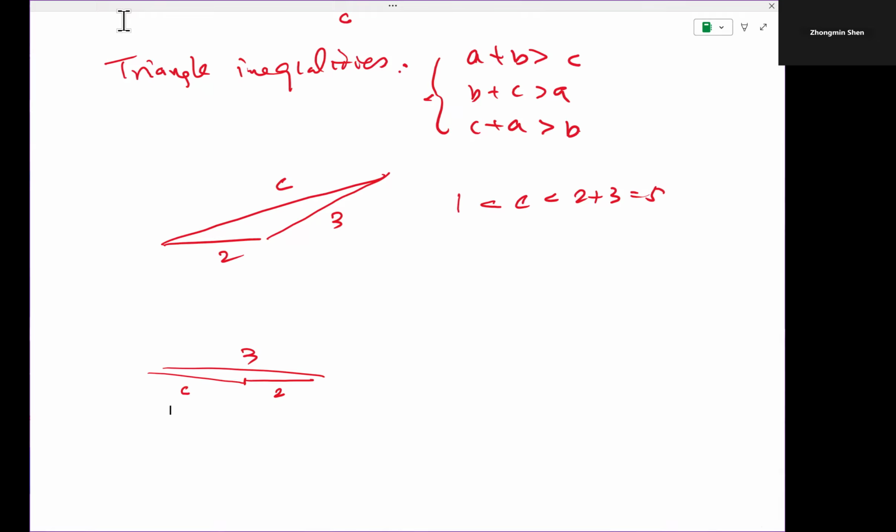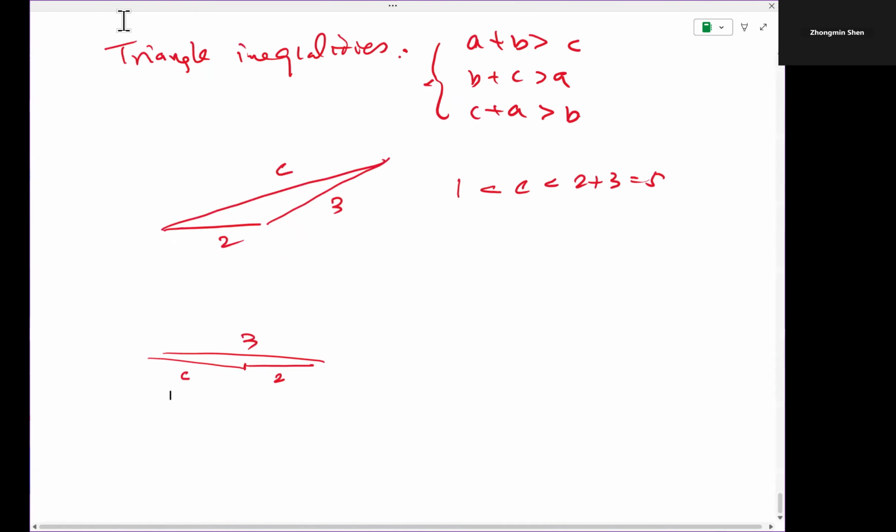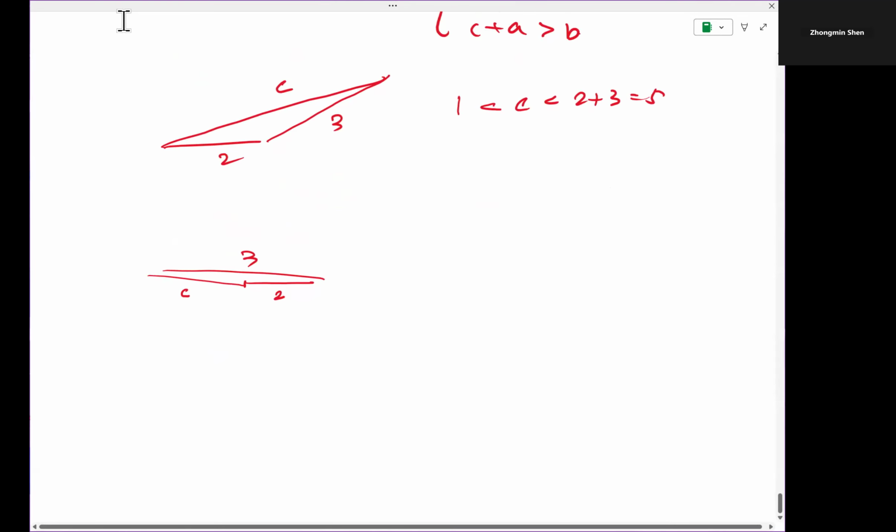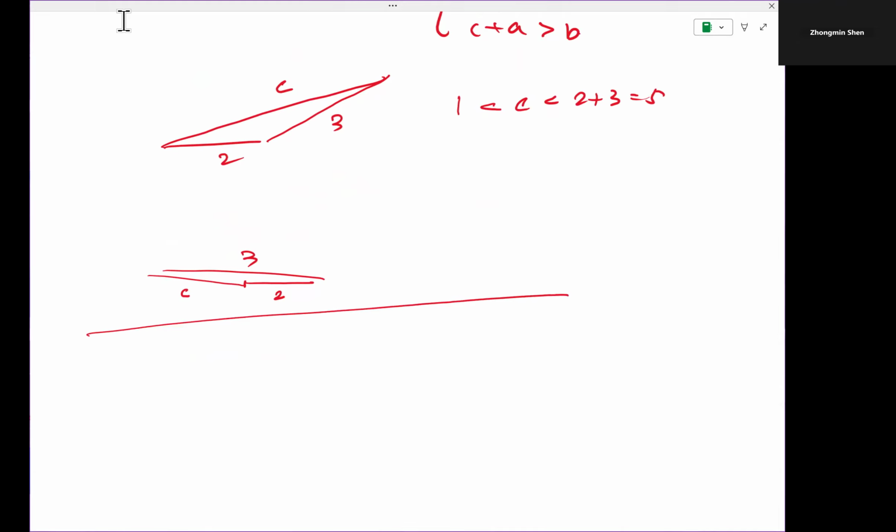And we got many identities. And we also derived the formula for the law of cosines. We also derived the formula for the area of triangles. Okay, so that is what we learned.